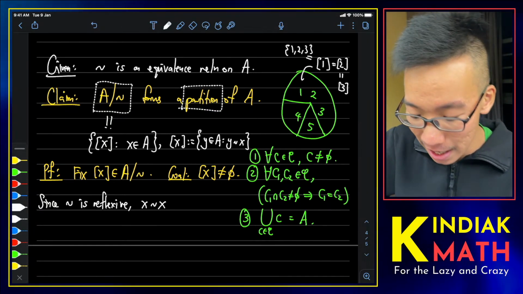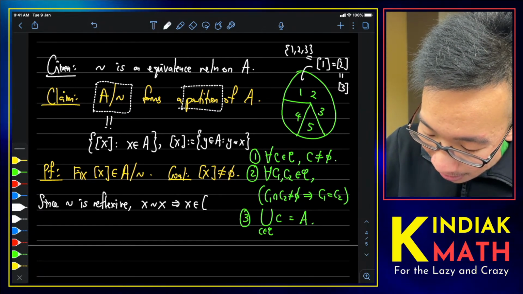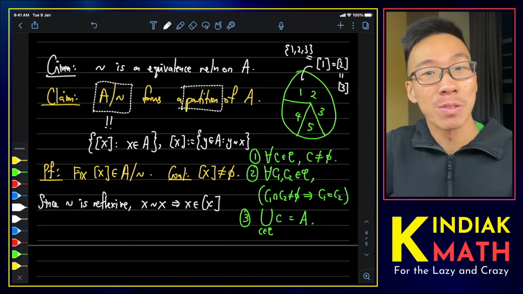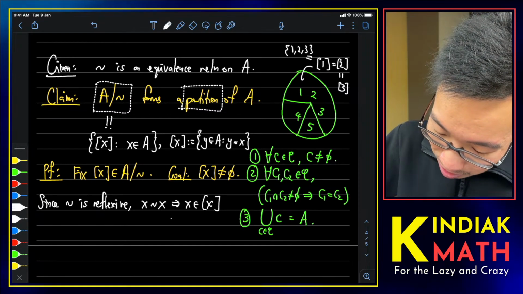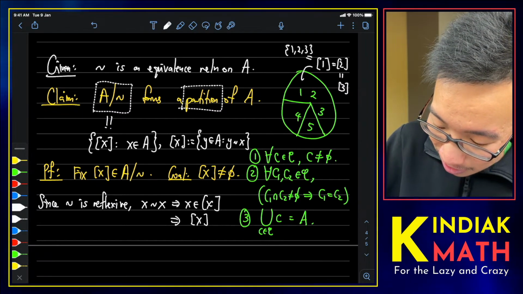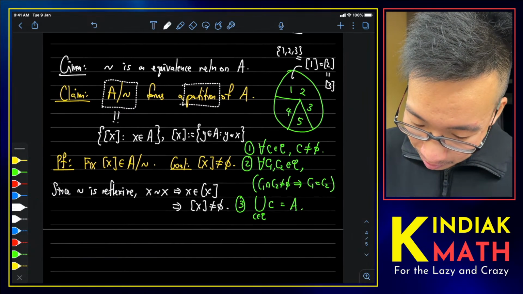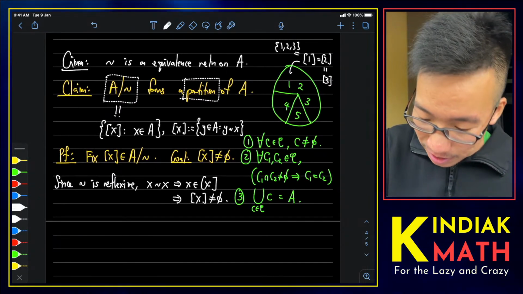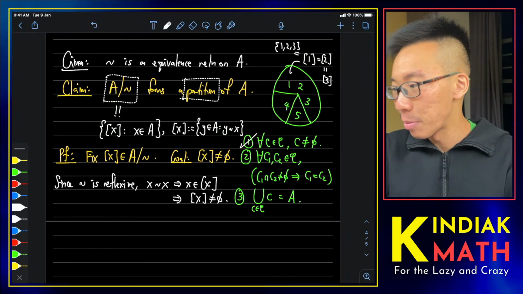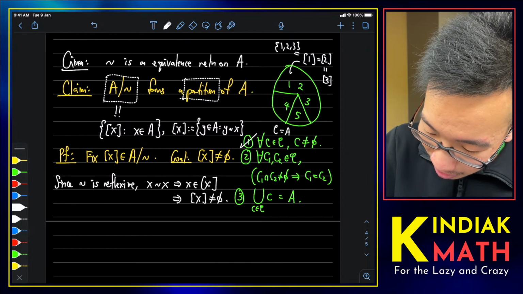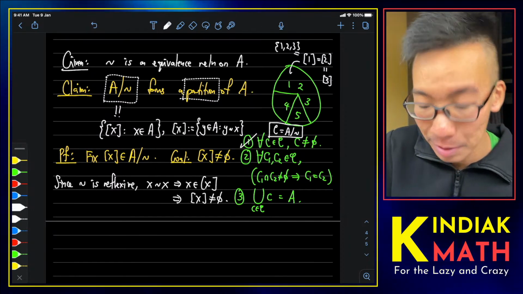But that means that the element X belongs in the class containing X. Of course, this seems relatively obvious, but we still ought to prove it. Which implies that the class containing X is non-empty. Okay, so that's the first thing that we needed to check. In this case, we are letting C equal A quotient tilde.